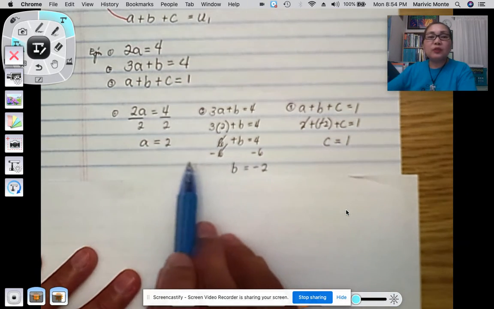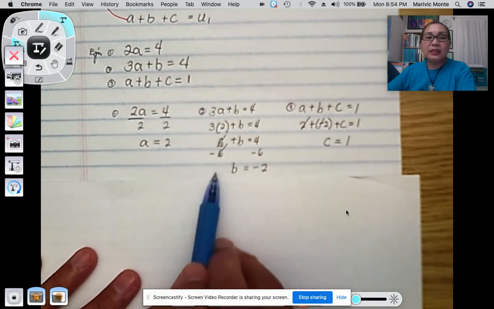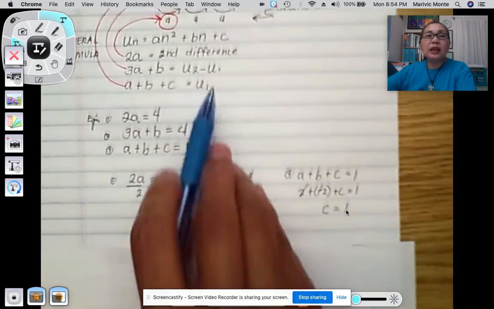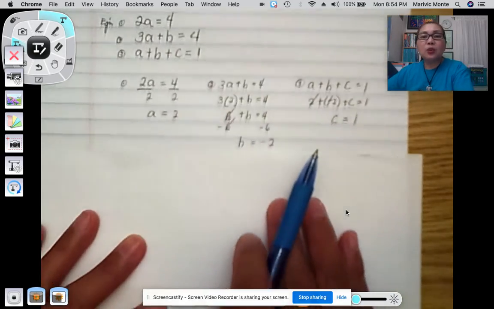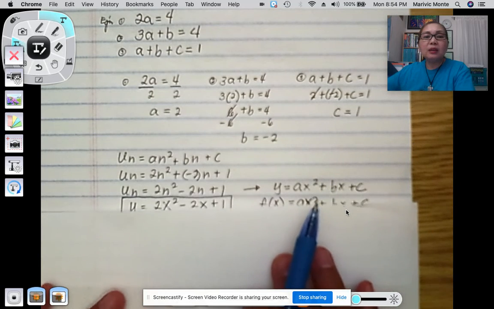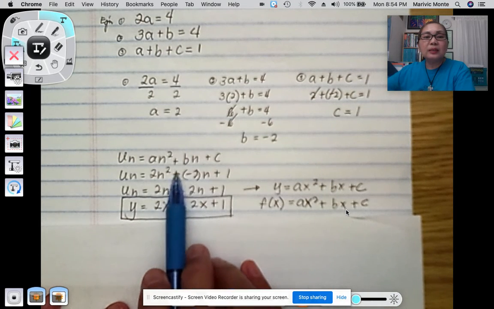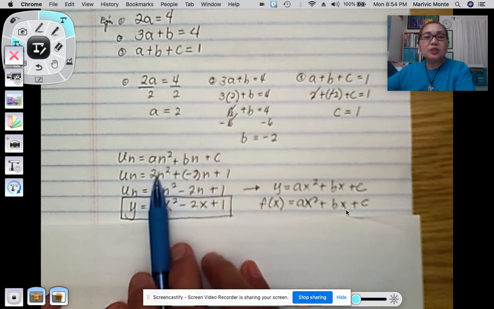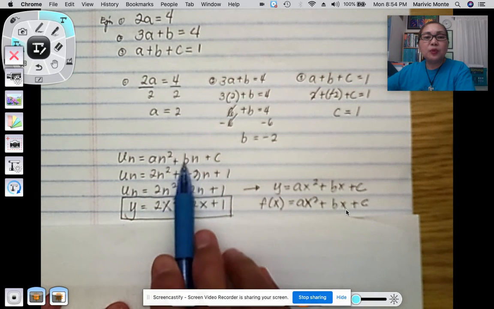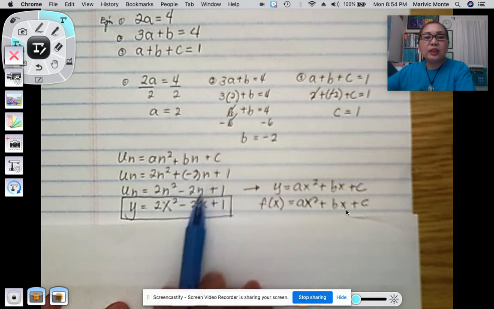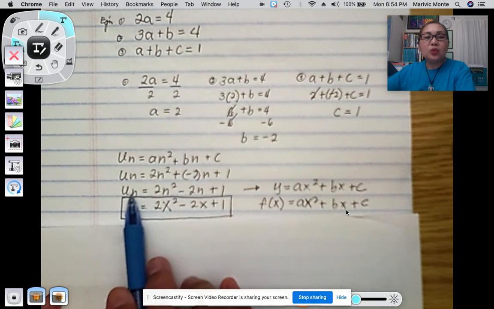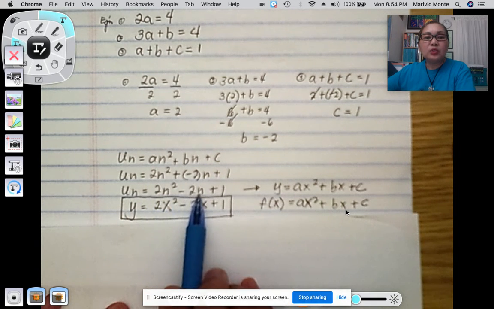After we find all the values for a, b, and c, we substitute them back into our general formula: 2 for a, negative 2 for b, and 1 for c. I end up with u of n equals 2n squared minus 2n plus 1.